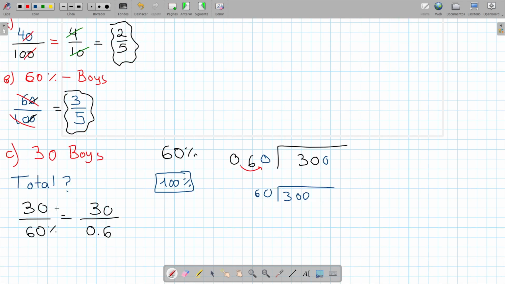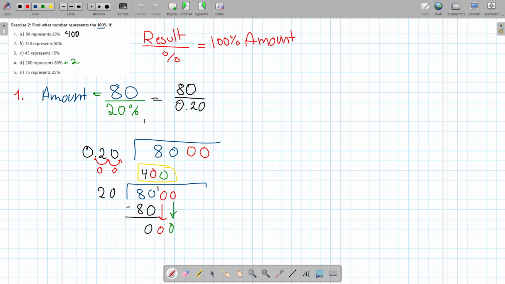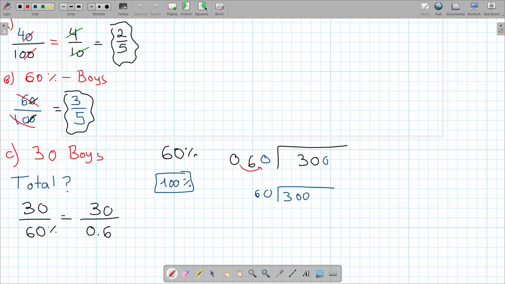Those are the 60%. Let's remember here. We have to do it in this way. We are going to have as an answer the total amount. And here I am mistaken. You have to move 2 places, so we have 2 zeros. My mistake. Okay. Now, a number that multiplied by 60 gives me 300 is going to be 5.